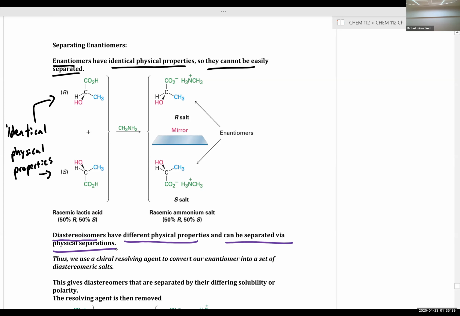Okay? So we can use a chiral resolving agent to convert our enantiomers into a set of diastereomeric salts. In this first case, we just have a mixture of enantiomeric salts, and these cannot be separated.